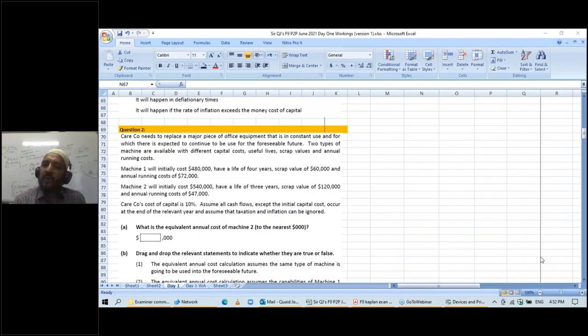At least do the objective type and scenario type questions from both kits, and then you can do some good questions covering the syllabus, selected from BPP and Kaplan both. And instead of doing too many different section C type questions, do them again and again so that you start learning and remembering them.